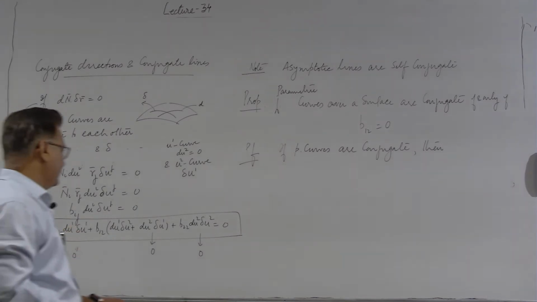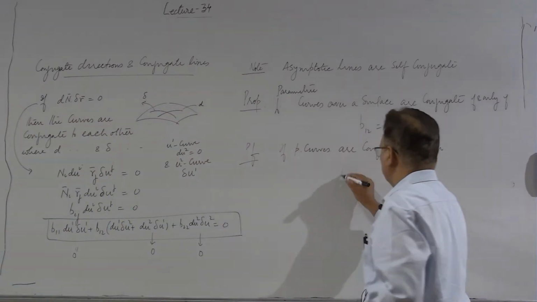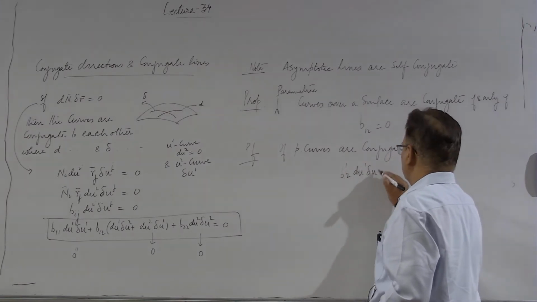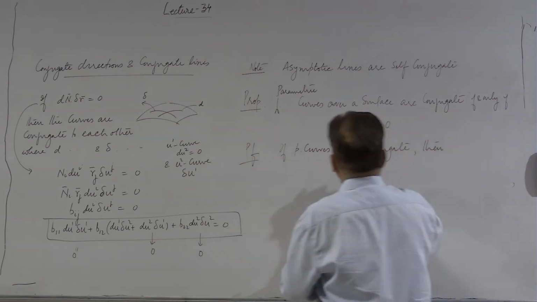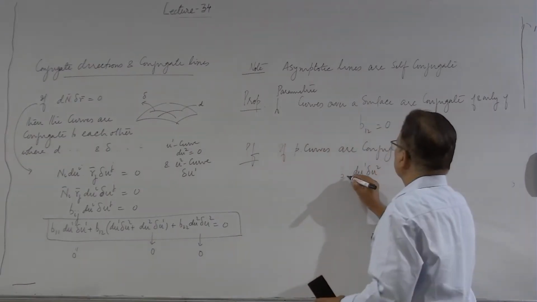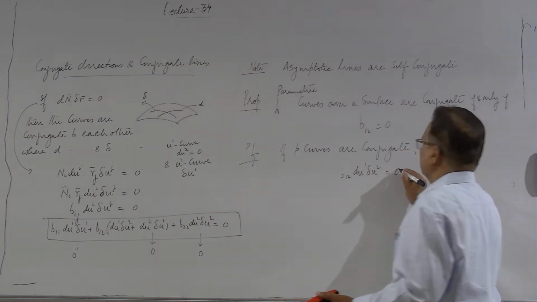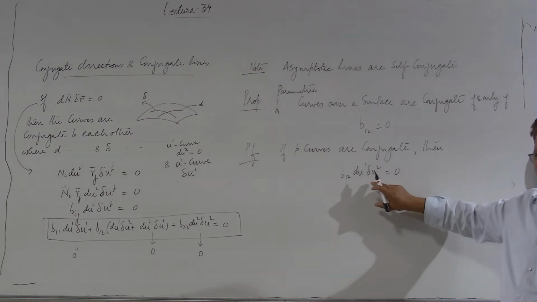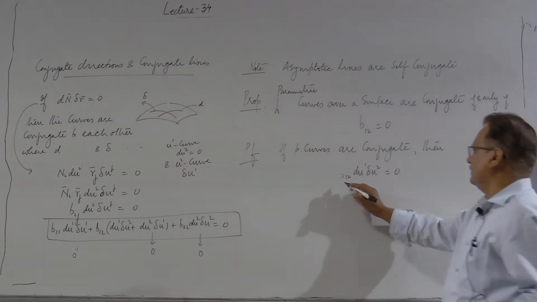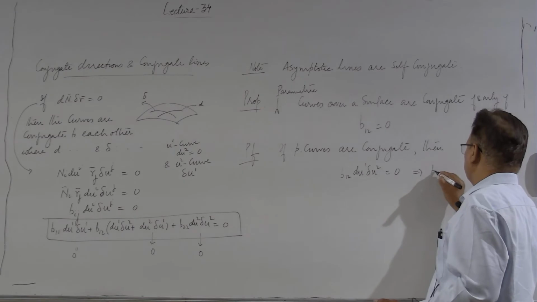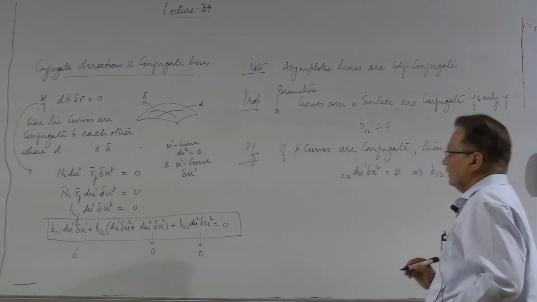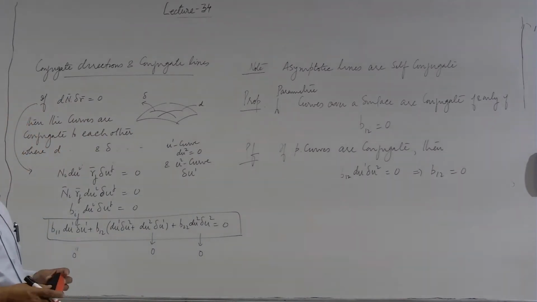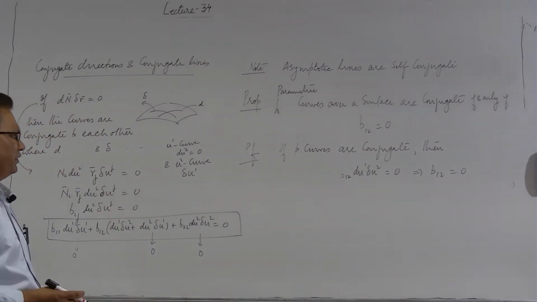So, you will be getting b12 into du1 delta u2, equal to 0. Now, in this last equation, neither du1 is 0 nor delta u2 is 0. So, this expression being 0 means b12 is 0. So, if parametric curves are conjugate, then b12 is 0. So, the observation is true one way.